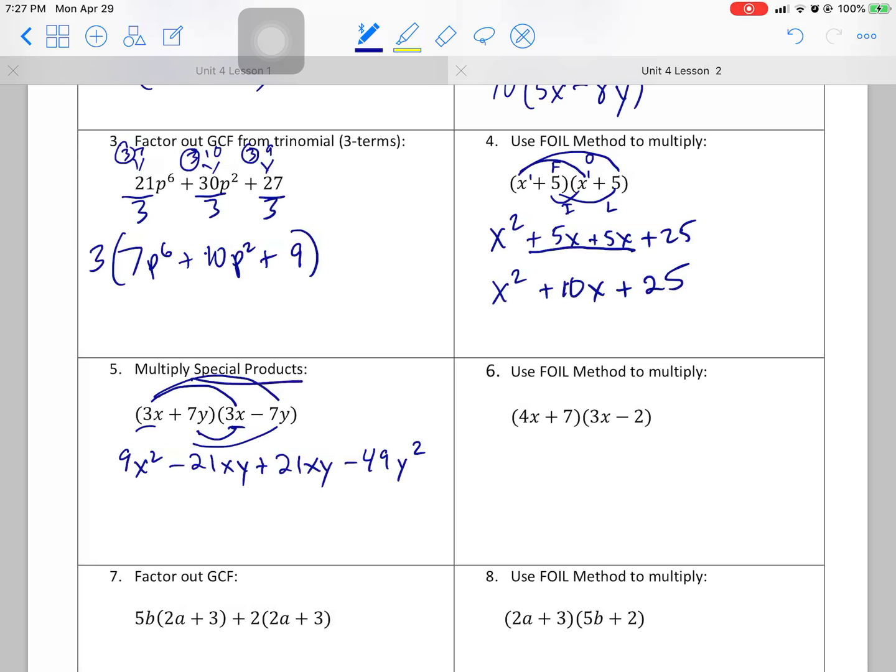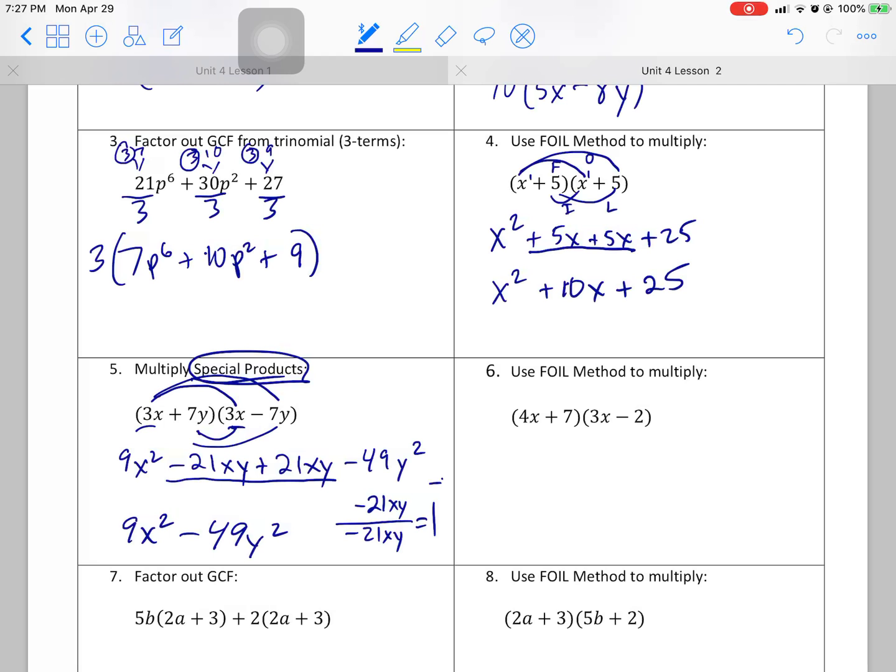And it's a special product because the first terms are the same, the last terms are the same, and the signs are opposite. So what happens when there's opposite signs? They go away. Think about that for a minute. If you are dividing, let's say you have negative 21xy divided by a negative 21xy, you have the same thing over the same thing, you get a 1.